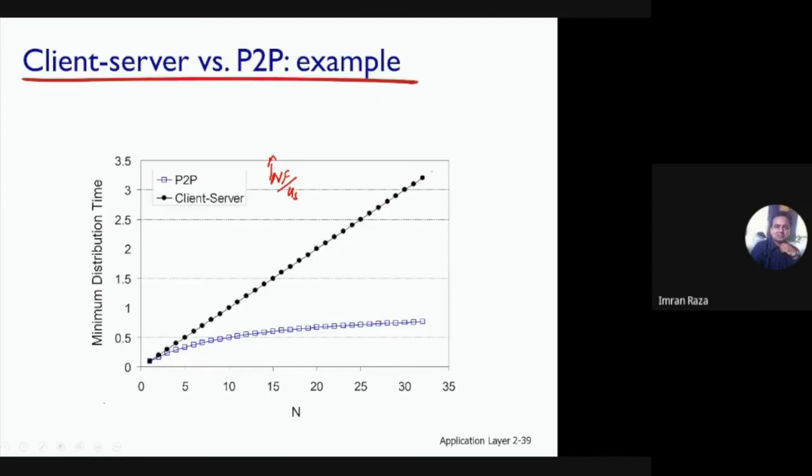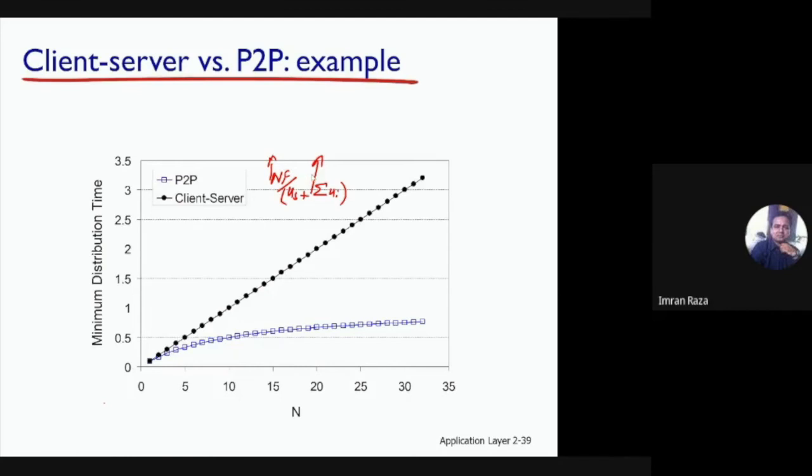But on the other hand, look at the graph of the peer-to-peer arrangement. If the number of nodes increases, the time to distribute the file decreases. Why? Because now n is not only increasing, but we also have all the nodes contributing in this sending and receiving process. If n increases, the number of nodes sharing the copy of the file also increases.